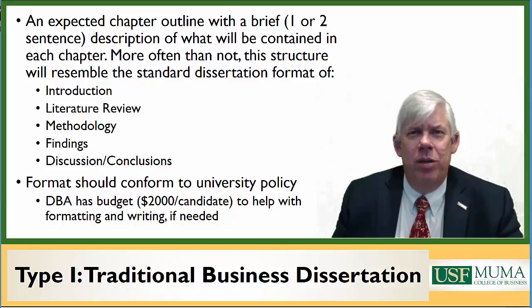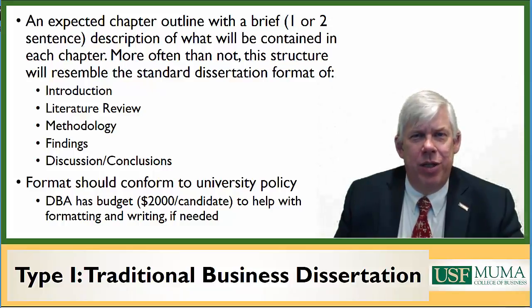I will now turn to the 5 different types of dissertation that are permitted in the DBA program. And as I mentioned, these are written into the course catalog, 2 of which being referred to as traditional dissertations and the other 3 being referred to as project-style dissertations in the catalog.